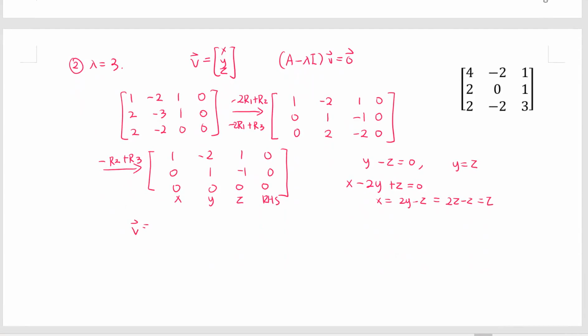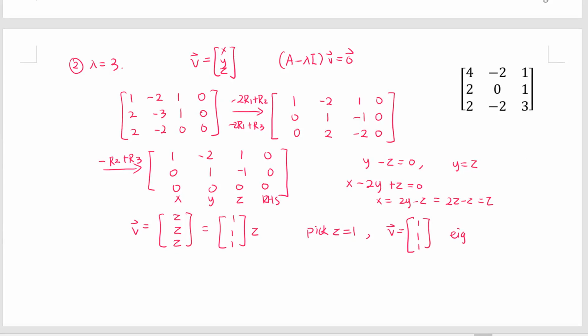So v is z, z, z. When we factor out the z, we have 1, 1, 1. We can pick z to be 1, and then the eigenvector is 1, 1, 1.